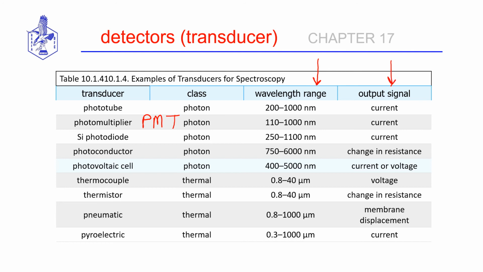Is it a current? Is it a change in current? Is it a potential? You can see those that are going to be effective in the ultraviolet visible range, versus down here we're in the infrared. Those are the kinds of detectors we would see in those kinds of instruments.